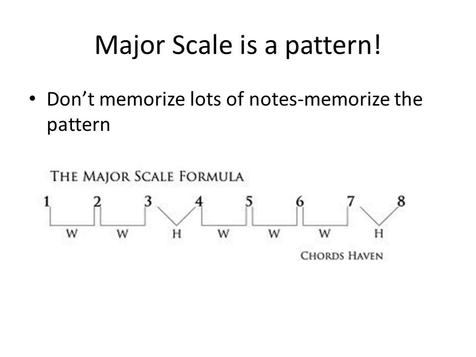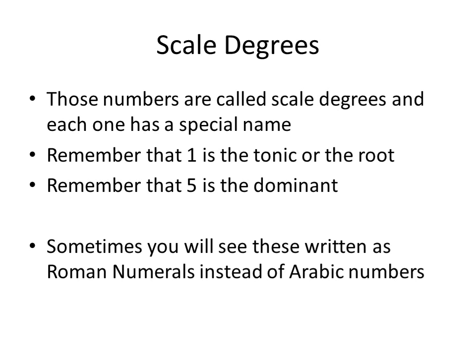Just going to review the major scale pattern. You don't need to be memorizing lots of notes. Just memorize the pattern. There's a half step between 3 and 4 and between 7 and 8. Those numbers are called scale degrees, and each one has a special name. I know what they are, but I never talk like that.